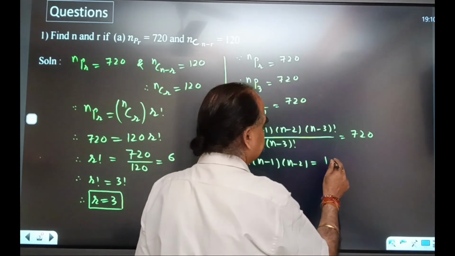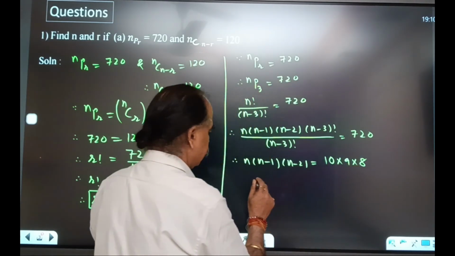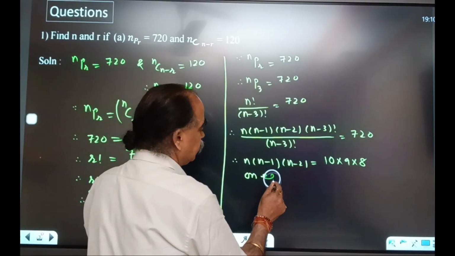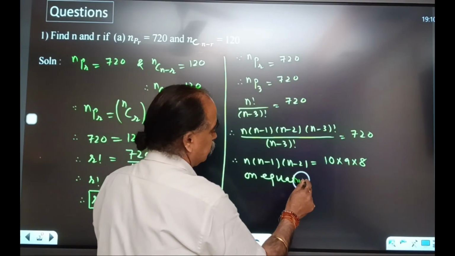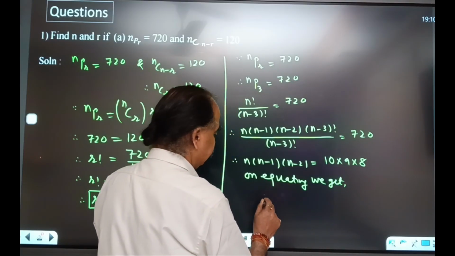So 720 can be written as 10 into 9 into 8. On equating we get n is 10.